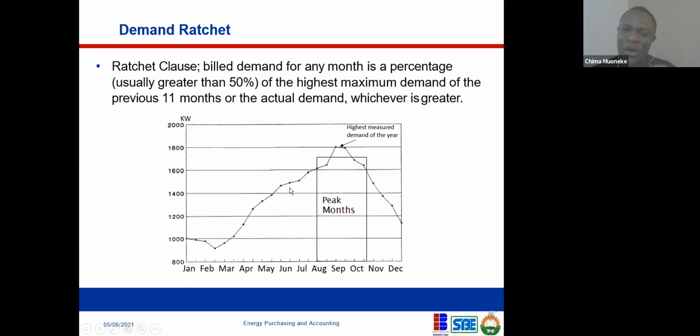And the utility company wants to bill you based on demand charge. They're going to bill you based on this 1,800 kilowatts that you consume. If the rate is maybe $5 per kilowatt, they're going to do 1,800 times 5.